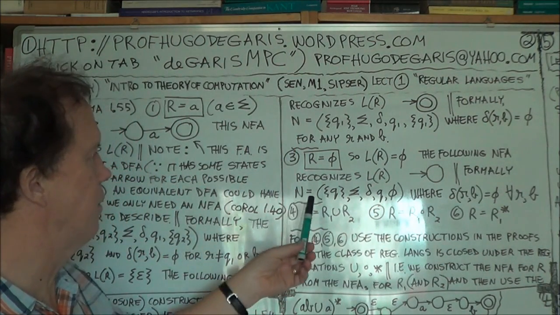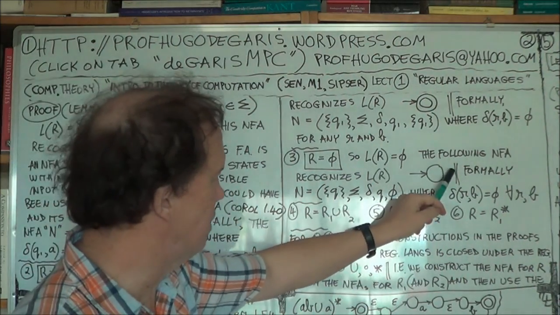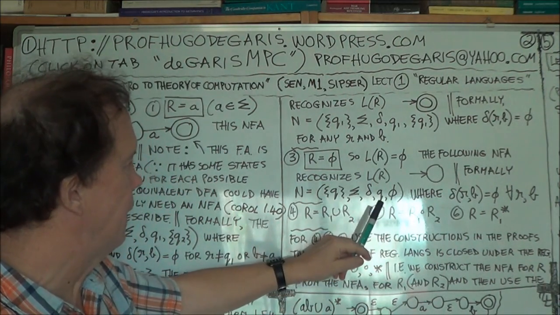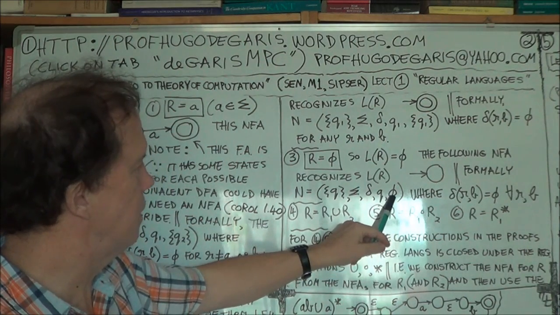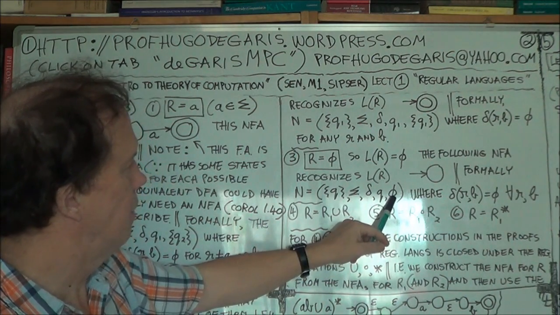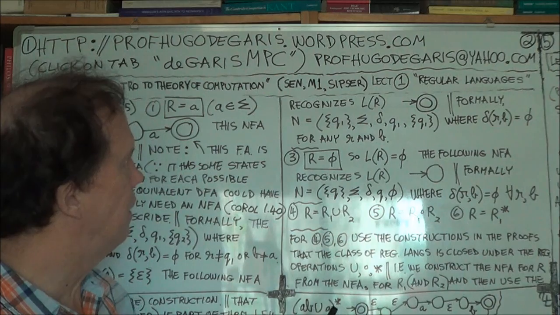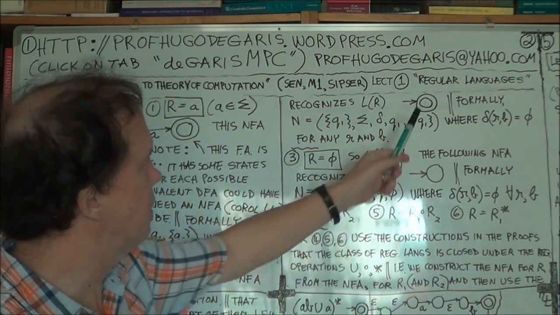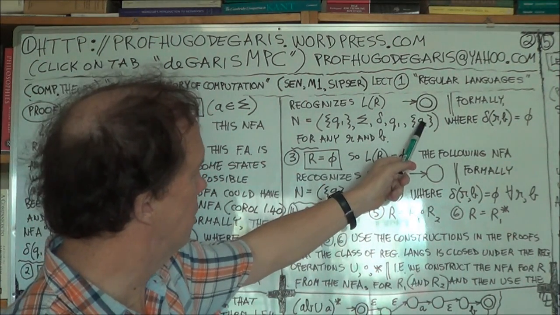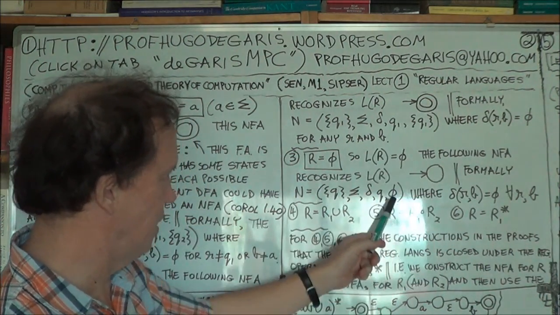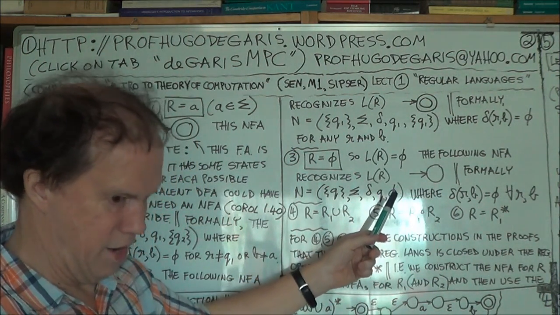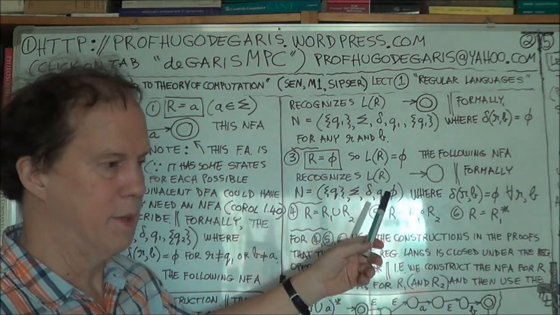That seems fairly obvious, I guess, given there's just nothing coming out. Start state is Q, just this one, right? And the set of accept states, well, none. There aren't any. Right, so this had one accept state, so we call that set Q1. But this doesn't have anything, so it's just the null set, the empty set.